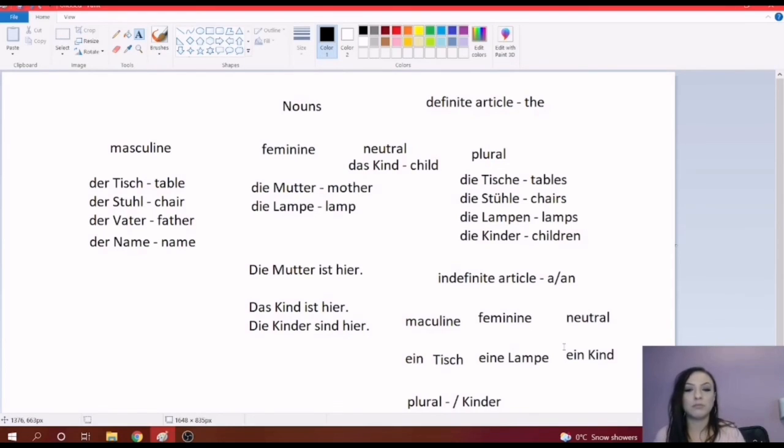Like, I'm showing the Tisch and I say, okay, der Tisch ist hier. But for example, ich habe einen Tisch, or ein Tisch ist hier, I mean one of many. So basically the use is the same, but that's how you learn it.